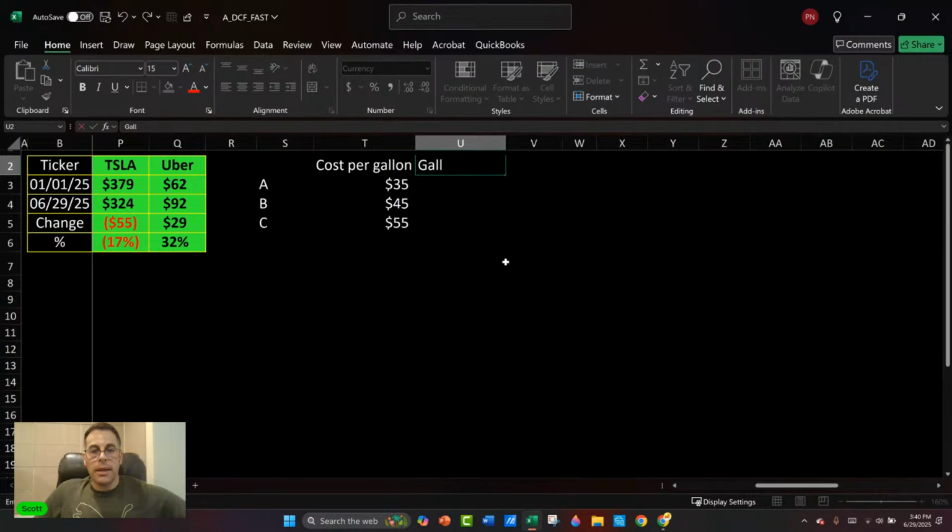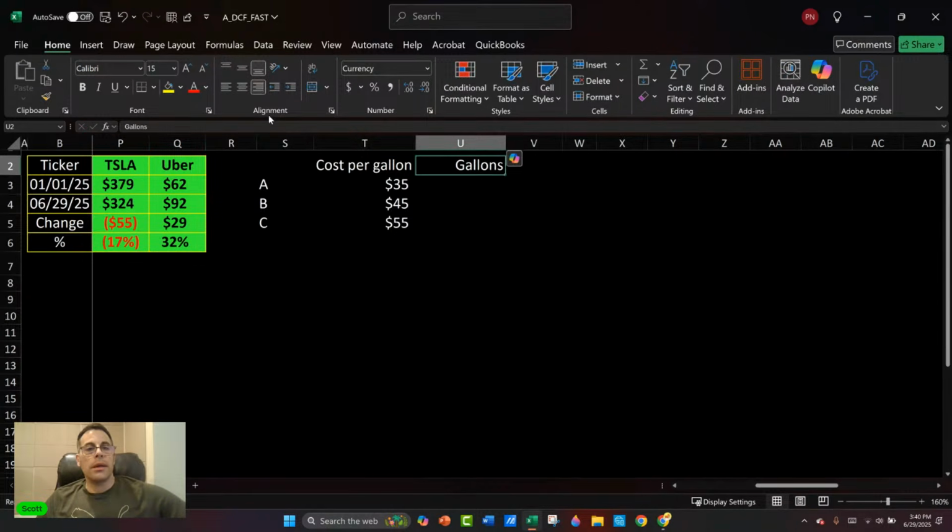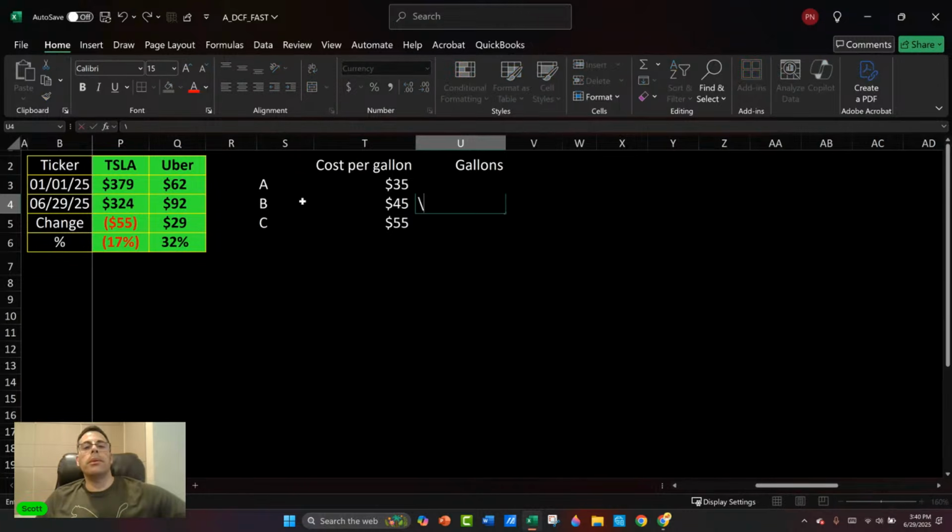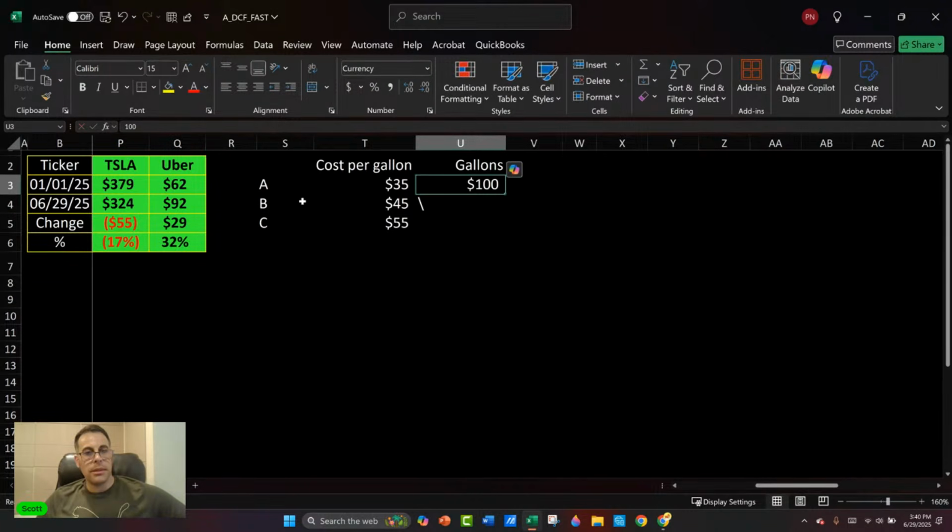And how many gallons can they produce? We'll just say 100 million barrels at each level. So they can produce 300 million barrels of oil per year.